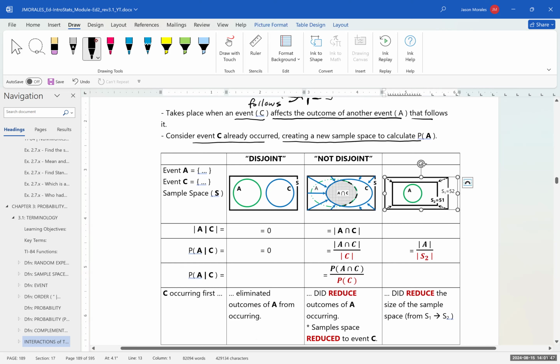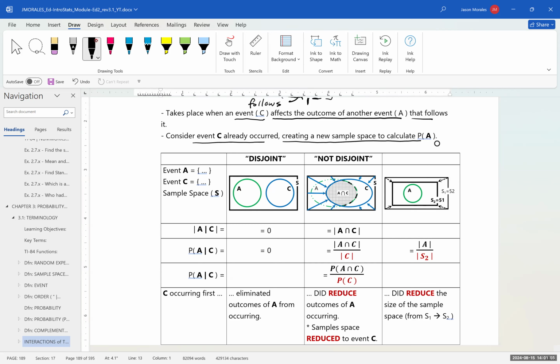There are a lot of different ways that conditional probability of two events can occur, and it depends on how those two events were initially defined. Let's look at this first case, where the two events A and C are disjoint, meaning there's no overlap.